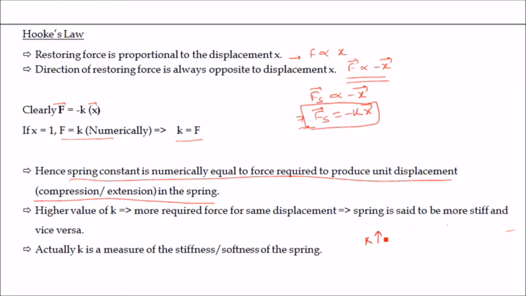If the spring constant K is more, then the spring will be more stiff, and in this case you need more force for the unit displacement. So clearly high K means high force, and with less K the force required for the same displacement will be less. So K is the measure of stiffness or softness of the spring. Based on Hooke's law, Fs is equal to minus Kx, and K denotes the stiffness or softness of the spring.